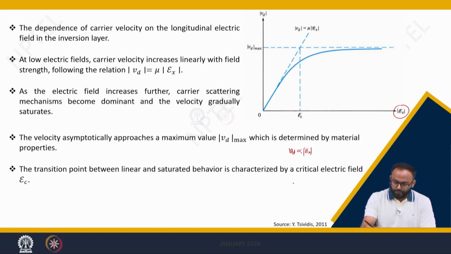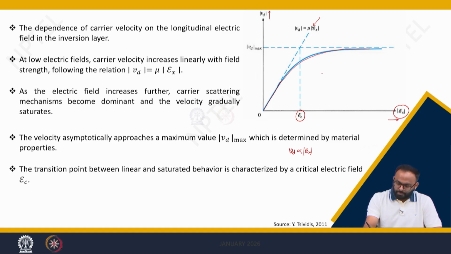You can see from this curve we are plotting drift velocity on the y-axis and Ex, the longitudinal electric field, on the x-axis. When you increase Ex, for smaller values it rises linearly, directly proportional, but when Ex is very high, above a critical field, it gets saturated. So I can simply draw this curve with two asymptotes. One is this line which shows Vd equals mu into Ex, and the other is a horizontal asymptote, and the curve would be smooth. This shows the carrier velocity.